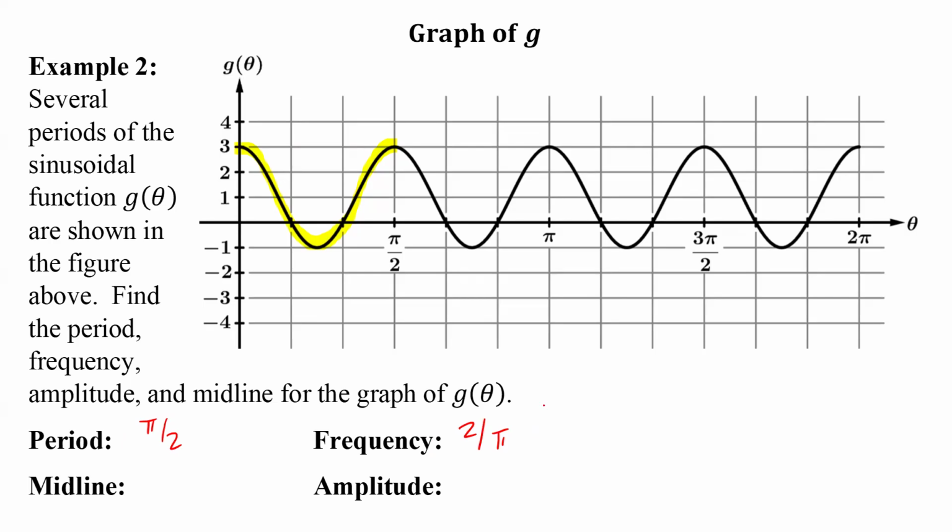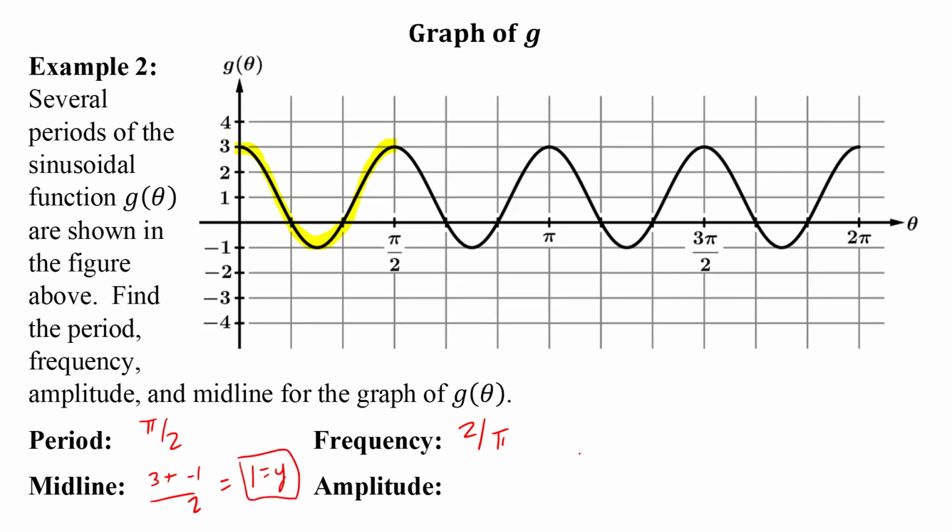Your midline, so again, define your midline. Your midline is the average between your max and your min. So my max is at 3, my min is at -1, and I'm going to find the average between these two. That puts me at what? 1. 2 divided by 2 is 1. So my midline is at y equals 1.